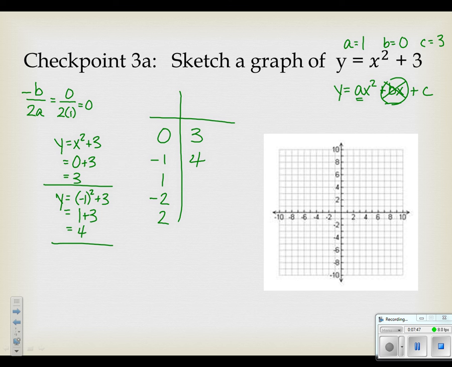My next value is a positive 1. Put that in. Notice when you square a positive 1, you're going to get the same thing as when you squared a negative 1. So I'm going to get an identical y value for those 2 points. That's what creates that symmetry or that curve for our parabola. Put in 2.